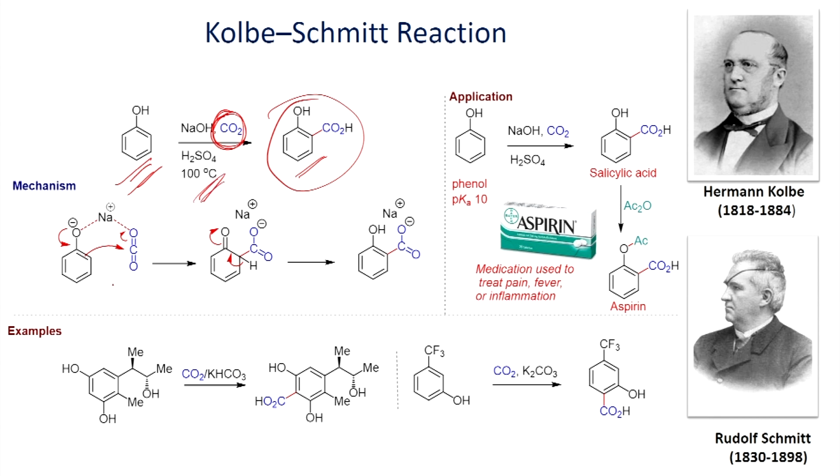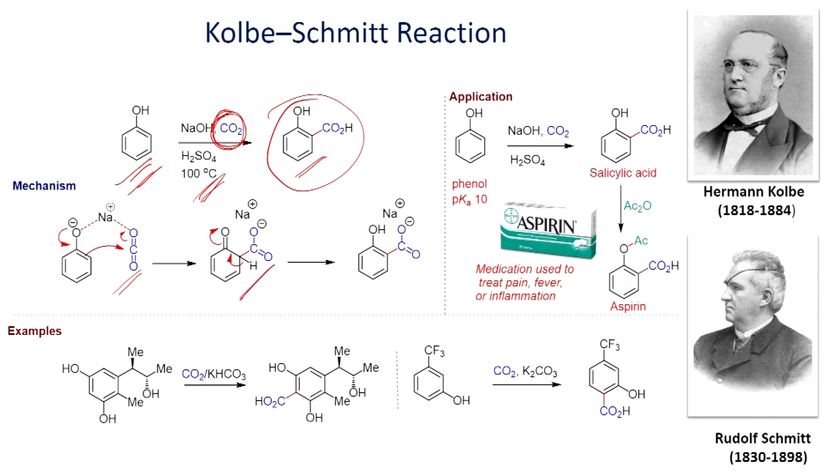The mechanism of this transformation is shown here. So, in the presence of base, as we have just seen, you form the phenoxide salt. Once we have the salt, it can readily undergo reaction with this carbon dioxide as shown here, and you have this addition product.